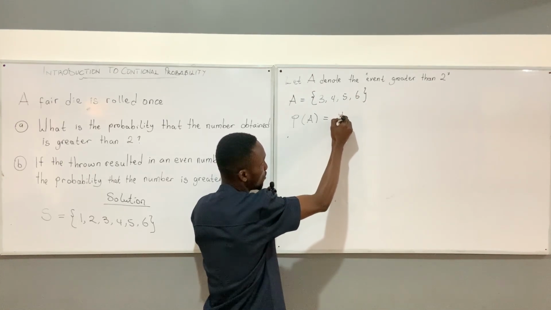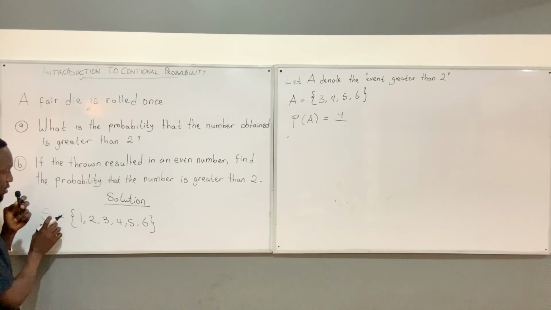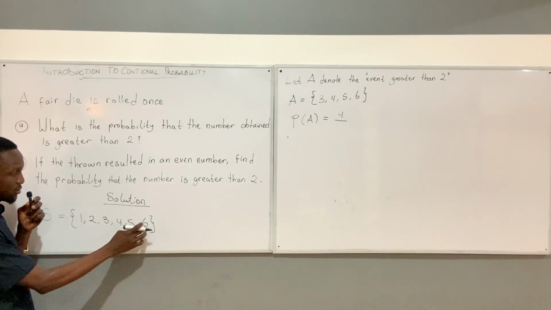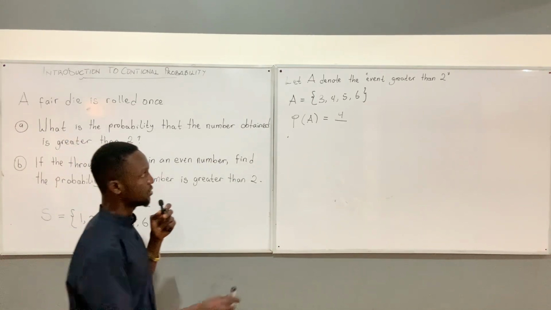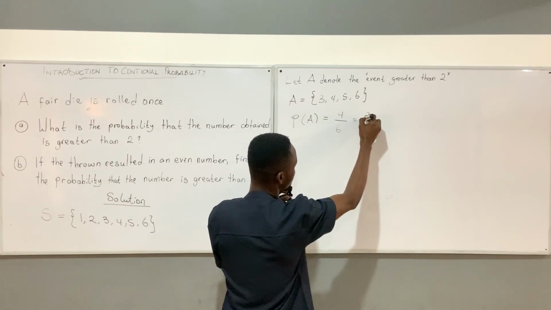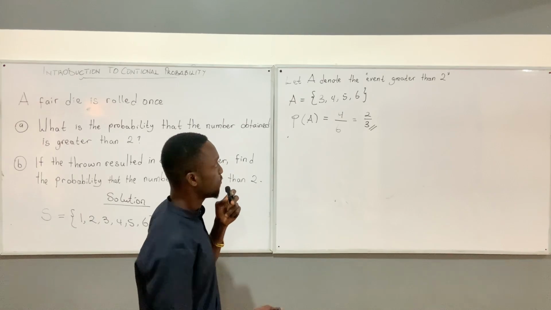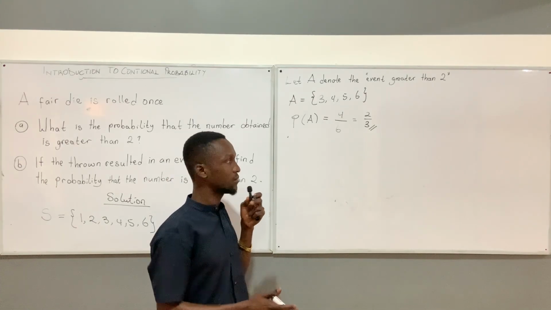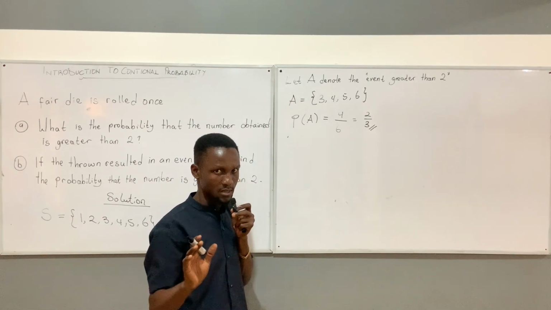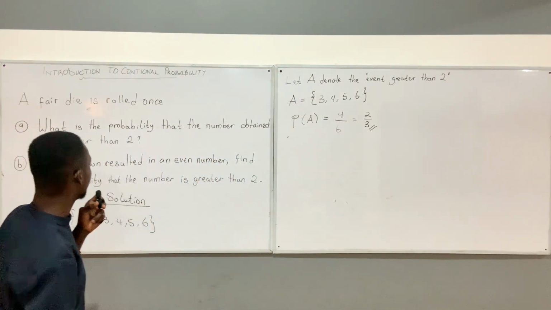So we have 4 divided by our sample space S, and when we count the members of S, they are 6 numbers. So we divide by 6. This result gives us 2 out of 3. So this is the probability of the event or number greater than 2. Do you understand? You see, this is very simple. Good. Now let's move on to the next one.